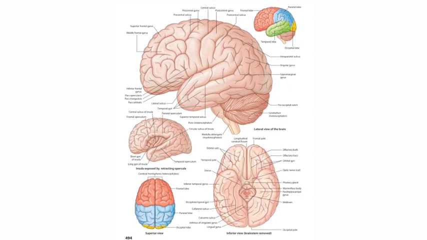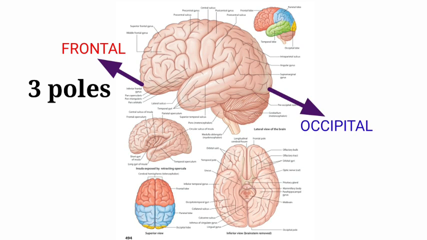Each cerebral hemisphere presents three poles: frontal, occipital, and temporal. Poles refer to the extremities of the brain and they serve as important surface landmarks.